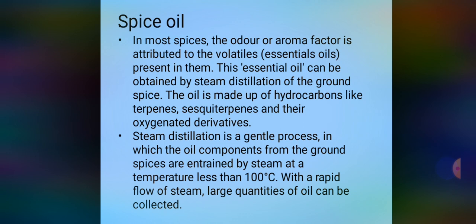Essential oils are volatile oils obtained from plants or plant parts by water distillation or steam distillation. Essential oil gives only the odor of spices and does not give any coloring matter or color to the food product.